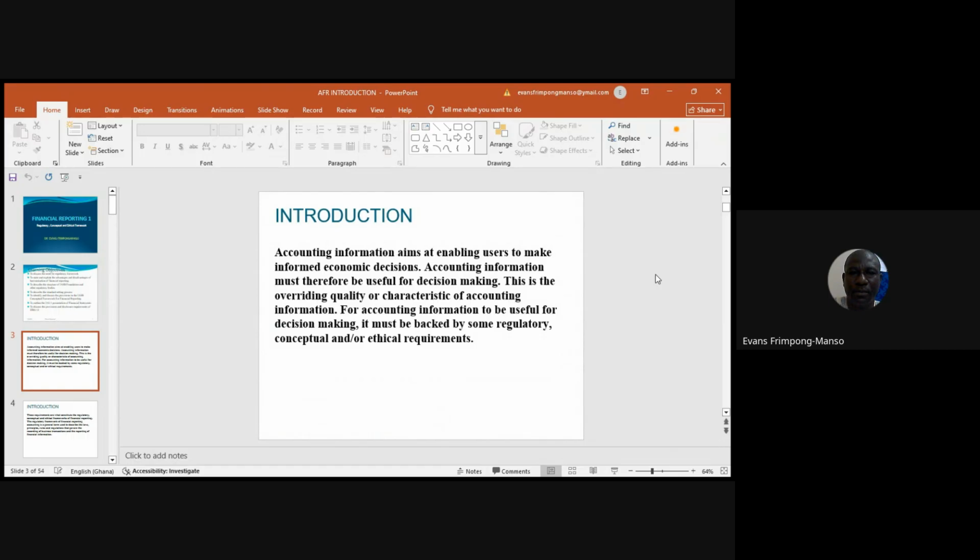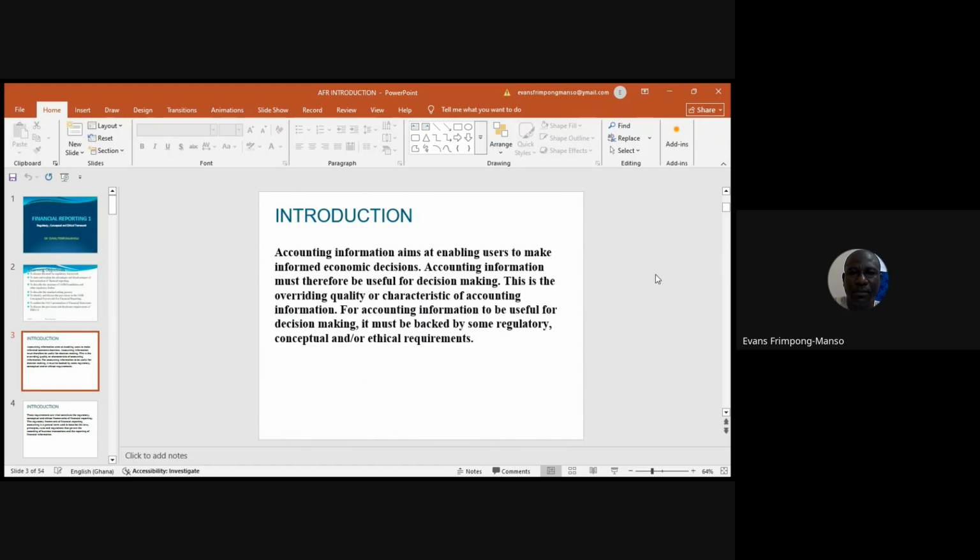Now the question is, what is accounting information at all? What is accounting information? Now, when the preparers of these financial statements prepare their accounts, the essence is that there are people in whose interest the financial statements are prepared.